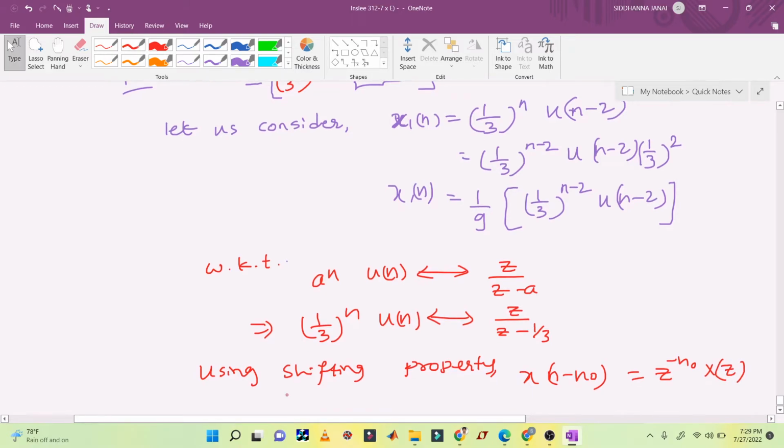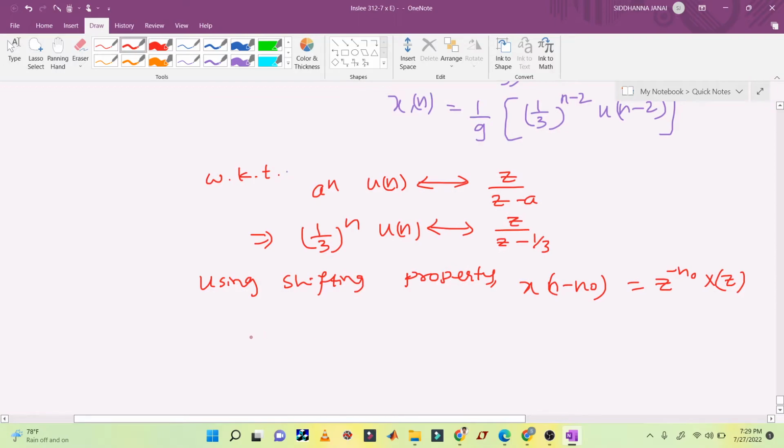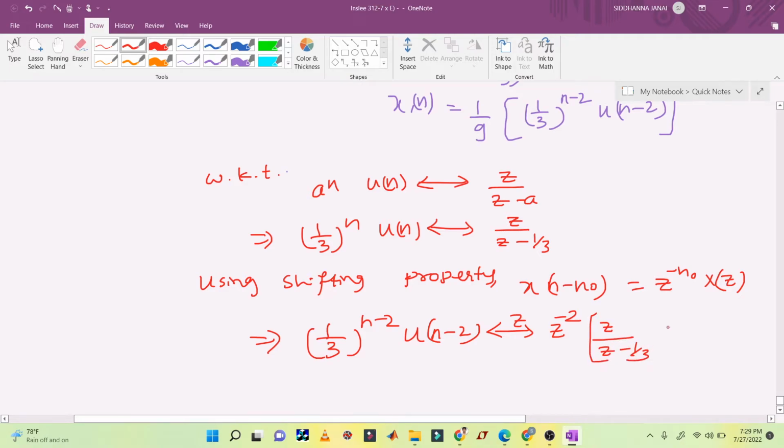Okay, this implies 1 by 3 to the power n minus 2 u of n minus 2, its z transform is z to the power minus 2 into z divided by z minus 1 by 3. That's it. This is the answer for the x1 of n multiplied by 1 by 9.